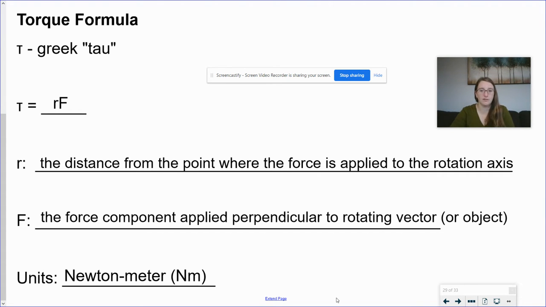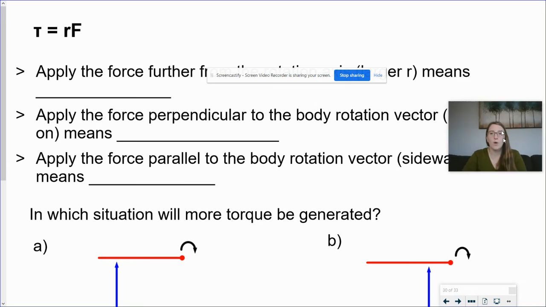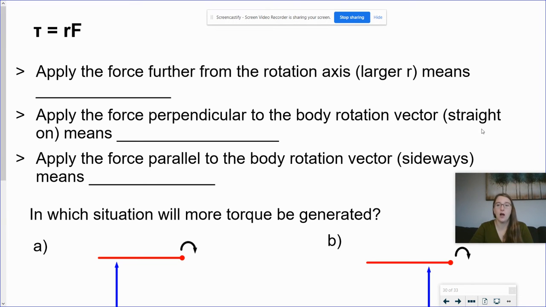Let's talk about, from here, what this formula means and how we can modify it and work with it. So if this is our formula, tau, torque, equals radius times force perpendicular to the direction of motion, perpendicular to the rotating object.